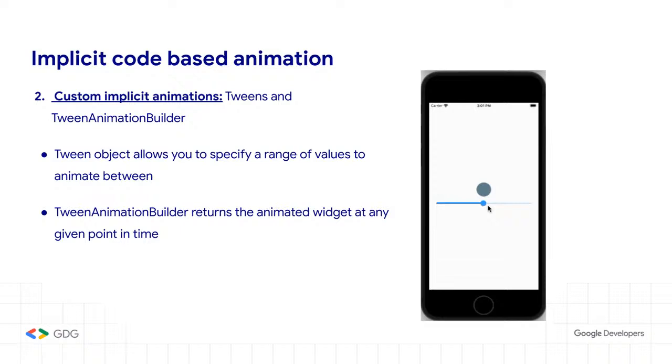If you want to add animation to such widgets, then we use something called tweens. Tween is nothing but in between. A tween will accept a starting value and an ending value, that is the range. And during this range, every time the slider changes, the slider will update itself.